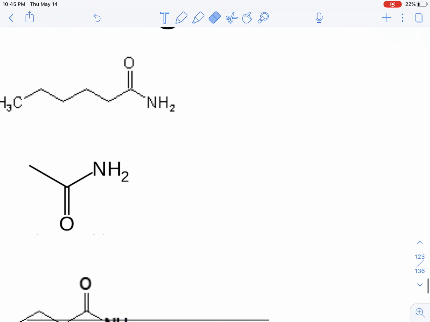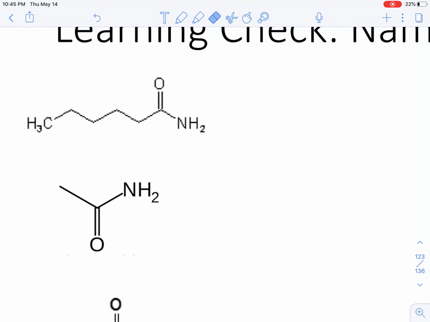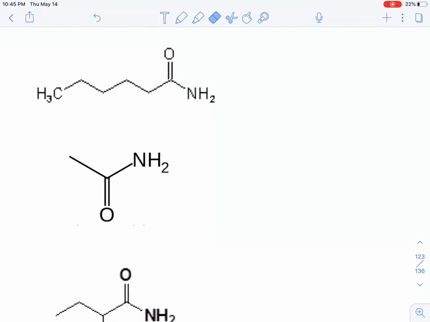Okay, so let's go ahead and look at a few more examples. And after going through these examples, hopefully you guys get the pattern on how to name these amides, primary amides specifically. So looking at this organic compound, automatically I recognize that this is a primary amide. There is my carbonyl carbon, and so any carbons that are attached to the carbonyl carbon are probably going to be my consecutive carbon chain.